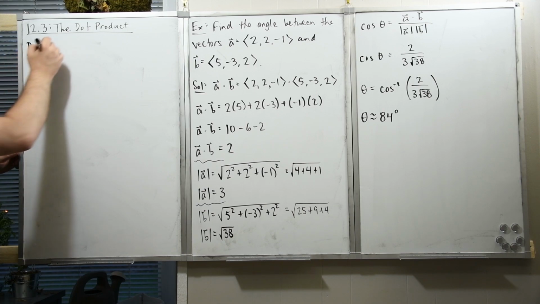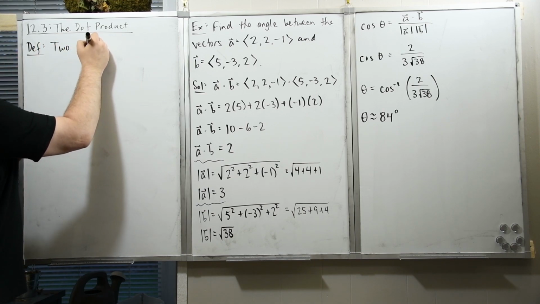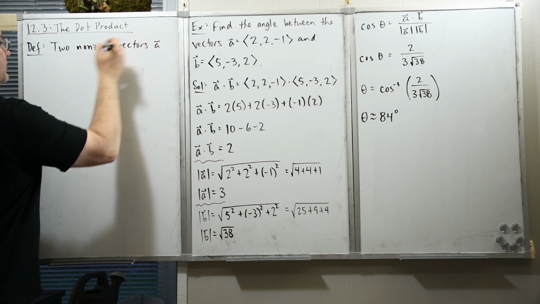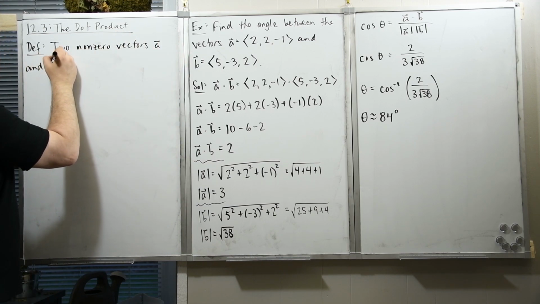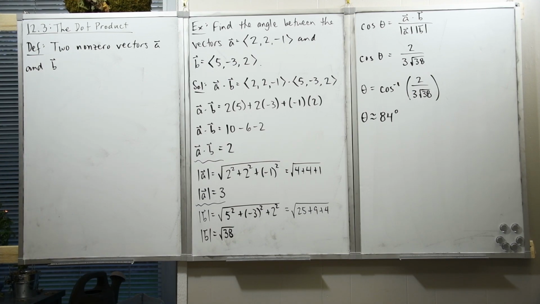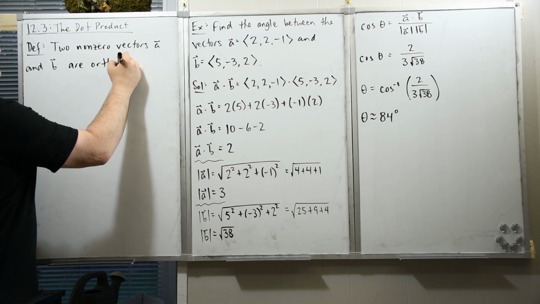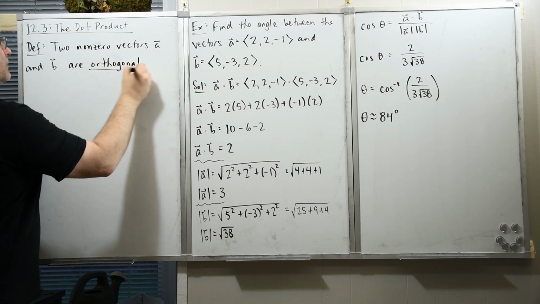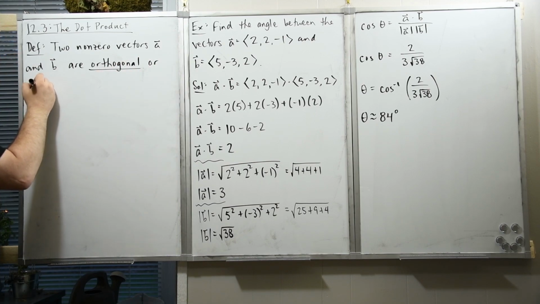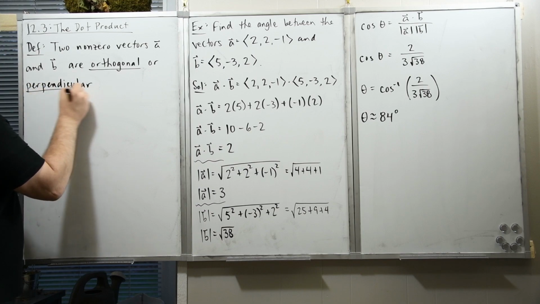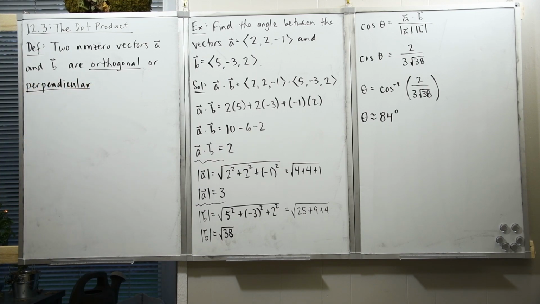So here we have two non-zero vectors, A and B. We say these are orthogonal or perpendicular if the angle between them is pi over 2.